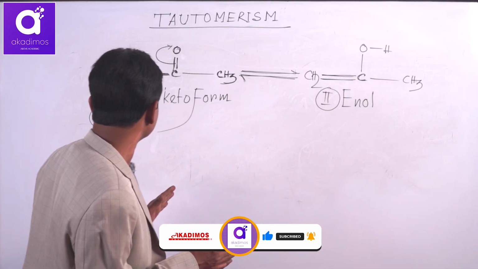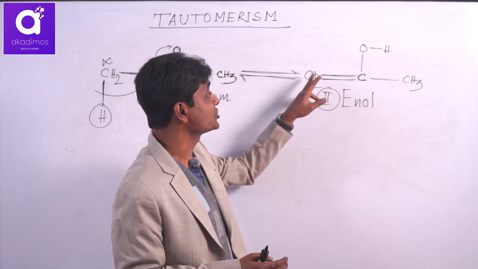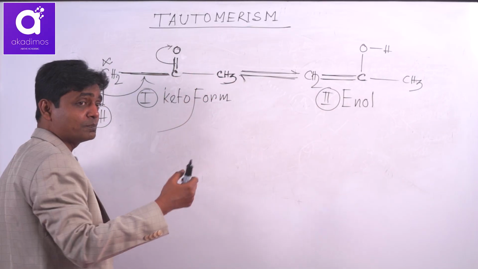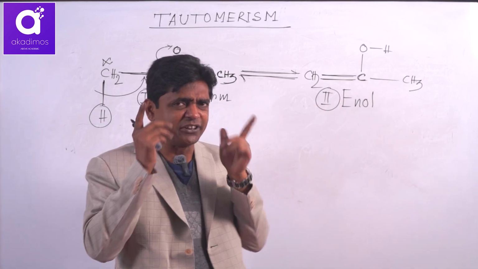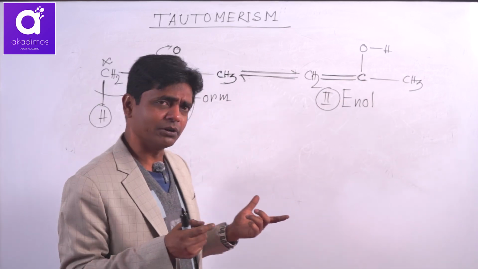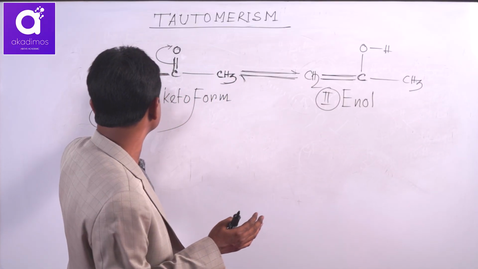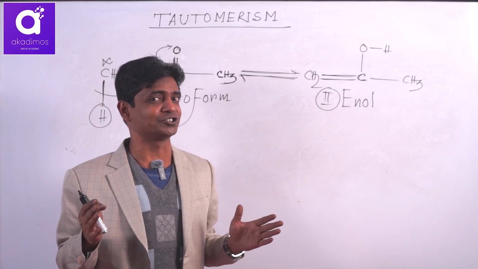See the difference in the structure. Here you get C double bond O, here C double bond C. Now, C double bond O is much higher in energy than C double bond C. If I am not wrong, C double bond C energy is near about 600 kilojoule per mole, whereas C double bond O bond energy is more than 700 kilojoule per mole.